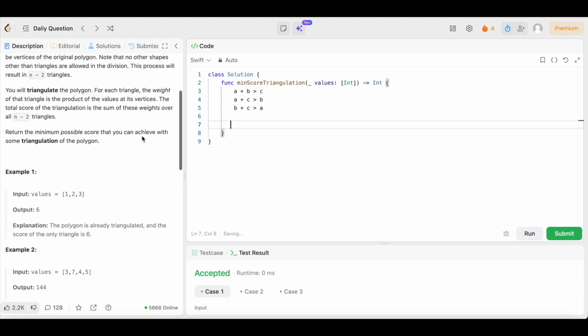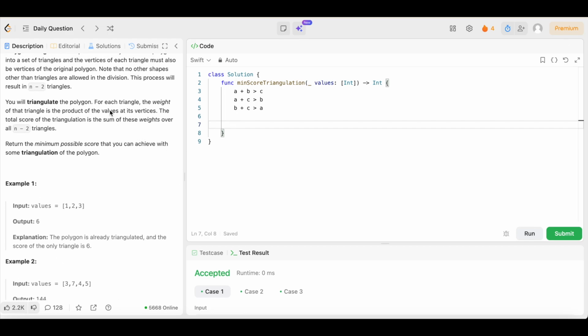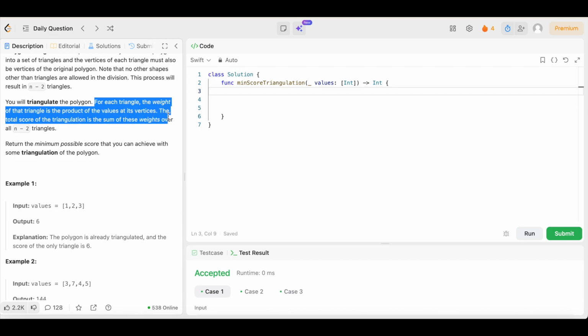But we're not done yet, because that's just so we understand that we have a triangle. That's not what we want. We want the weight and the score. It says for each triangle, the weight of that triangle is the product of its values at its vertices.